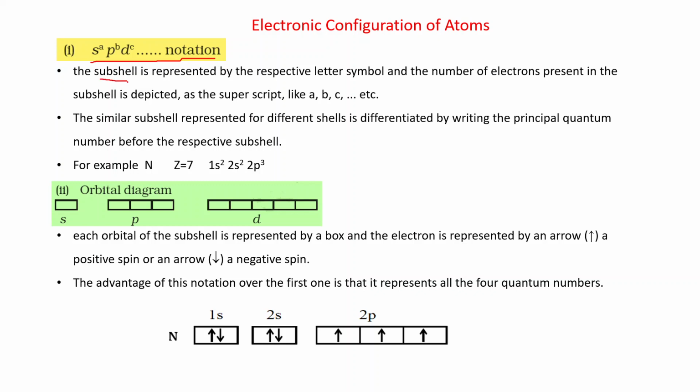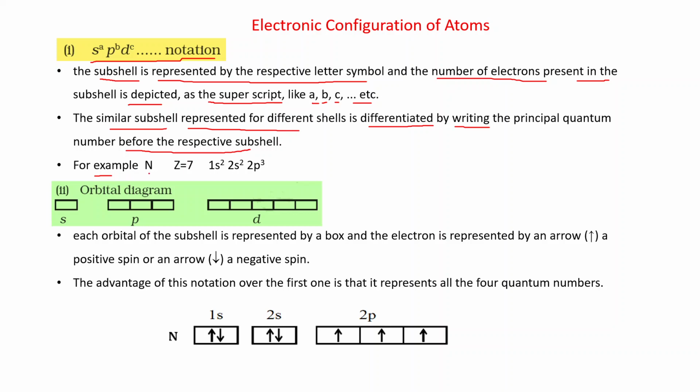In this, the subshell is represented by the respective letter symbol, and the number of electrons present in the subshell is depicted as a superscript, like a, b, c, etc. The similar subshell in different shells is differentiated by writing the principal quantum number before the respective subshell.